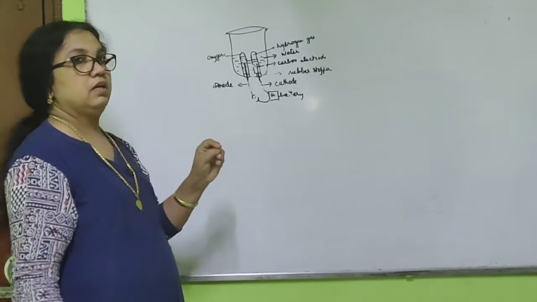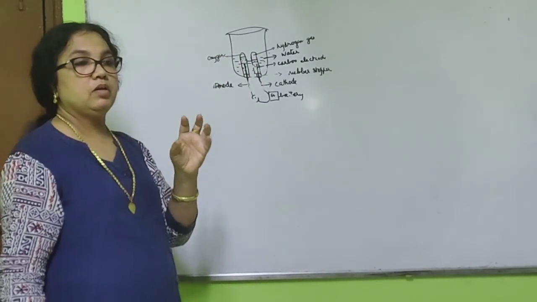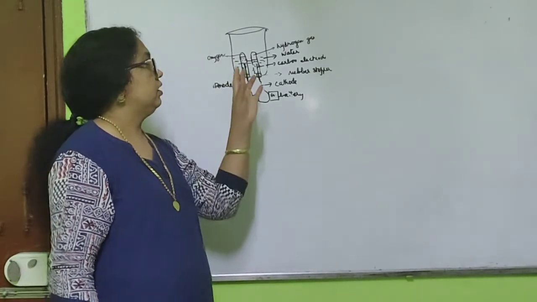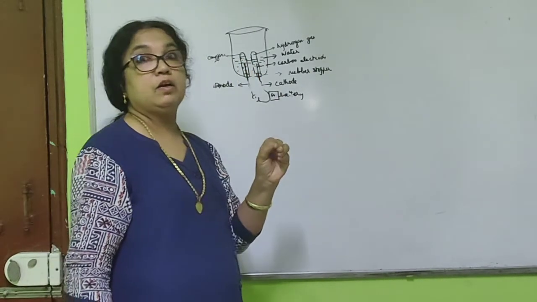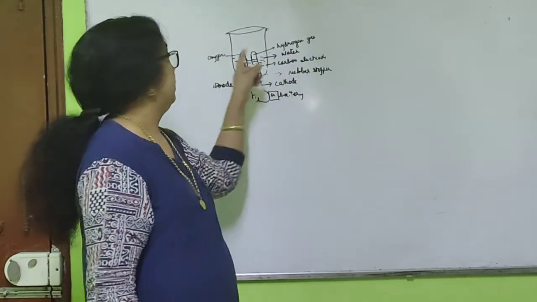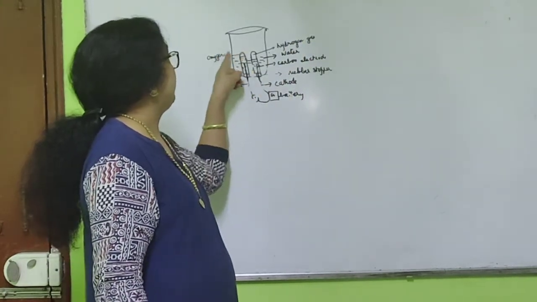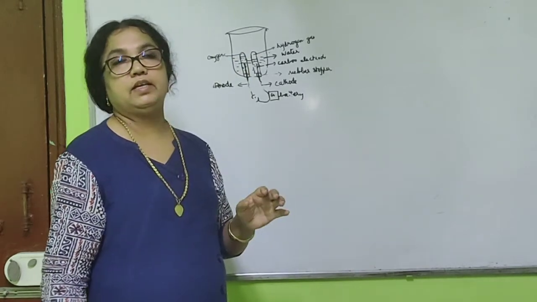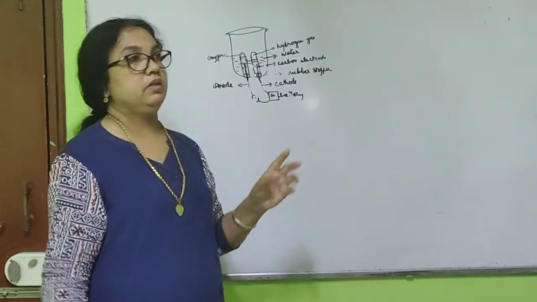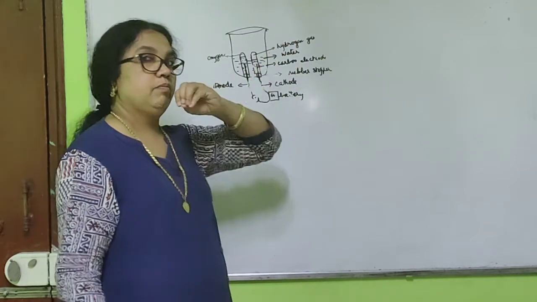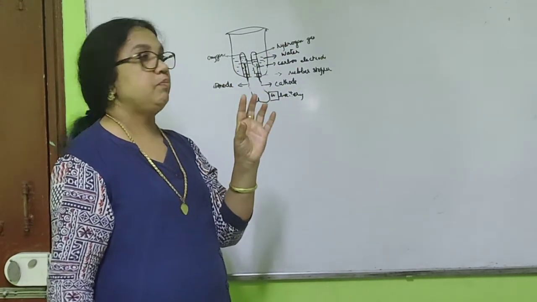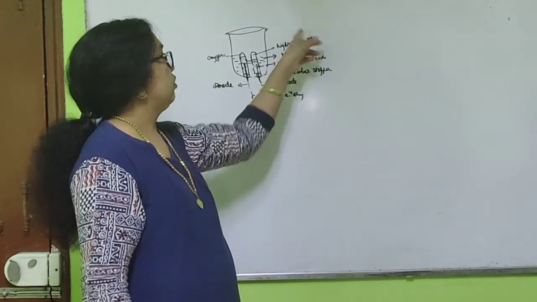Hydrogen gas will burn with a popping sound, because we know hydrogen is a highly combustible gas. In the other one, if you bring a lighted matchstick, it will burn brightly. We know oxygen is a supporter of combustion. The popping sound is due to the presence of hydrogen gas.